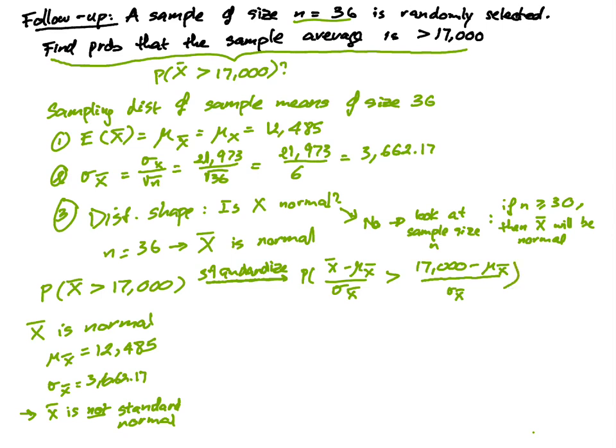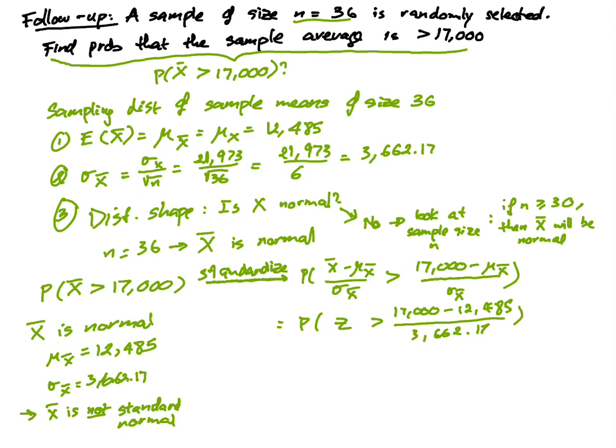Okay, so you know the drill. This is the probability that z is greater than 17,000 minus 12,485 divided by 3,662.17.